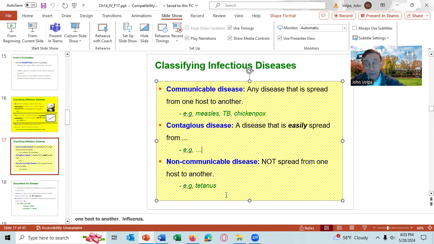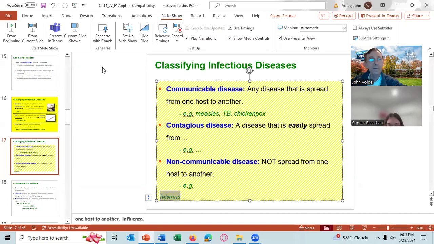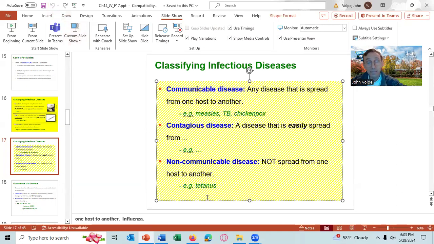I can think of one case where tetanus could spread among the population, and that is if somebody were to get tetanus and then a cannibal were to eat this patient and not cook the patient, that cannibal likely would get tetanus. Okay, oops, didn't mean to do that. But normally tetanus does not spread from patient to patient. So normally tetanus is a non-communicable disease. Any question about any of that?